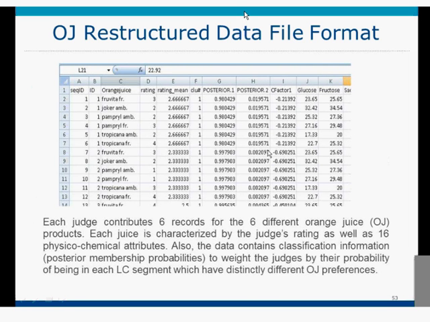Okay, and then we have these different attributes. So we have glucose, fructose, etc. And the latent class was done without use of this at all, just based on the ratings. So we found some of these judges preferred certain of these juices to others, while the other segment of judges preferred the other juices.